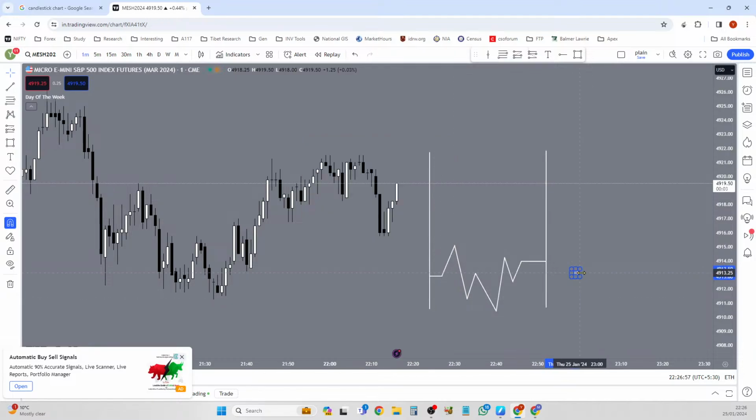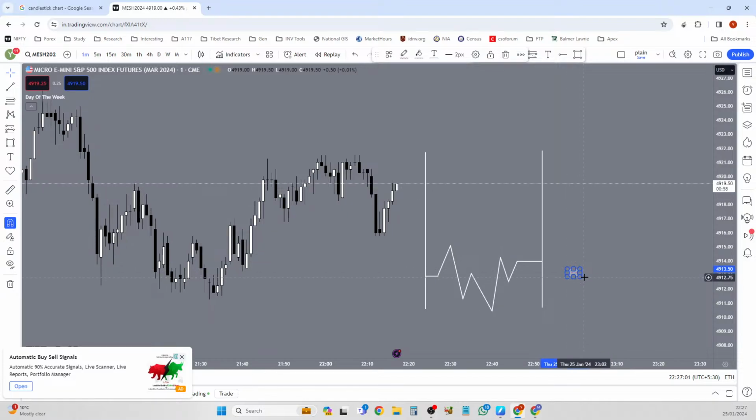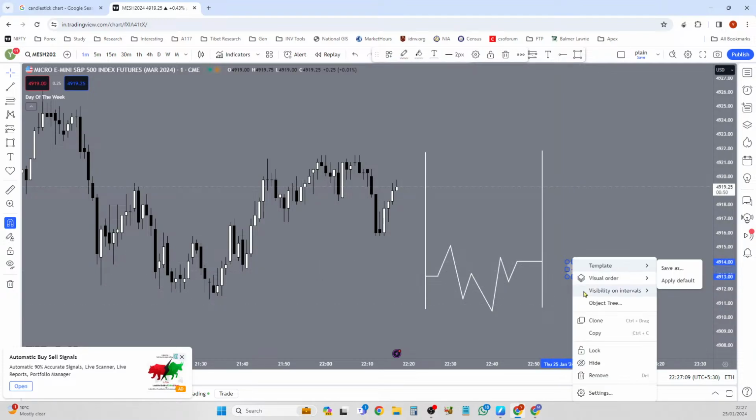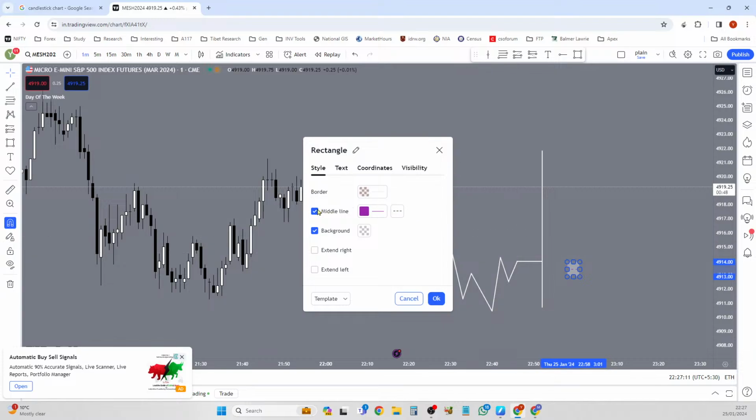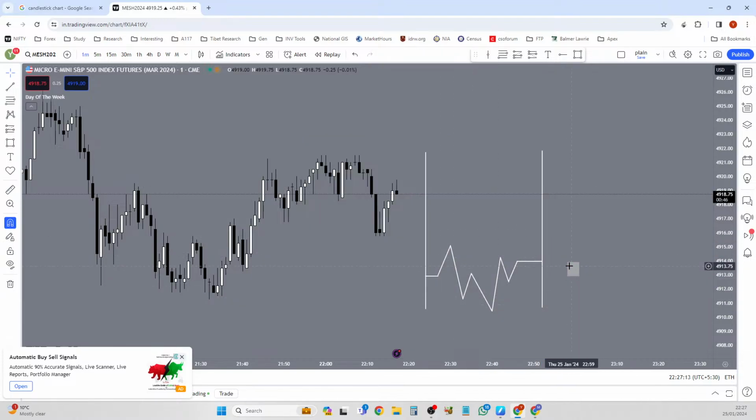So now I have this box over here. Now this is showing the opening price over here and the closing price is over here. And then let me remove that simple dotted line in between. So this is the box, and then we'll have a wick above it because this is the highest price.